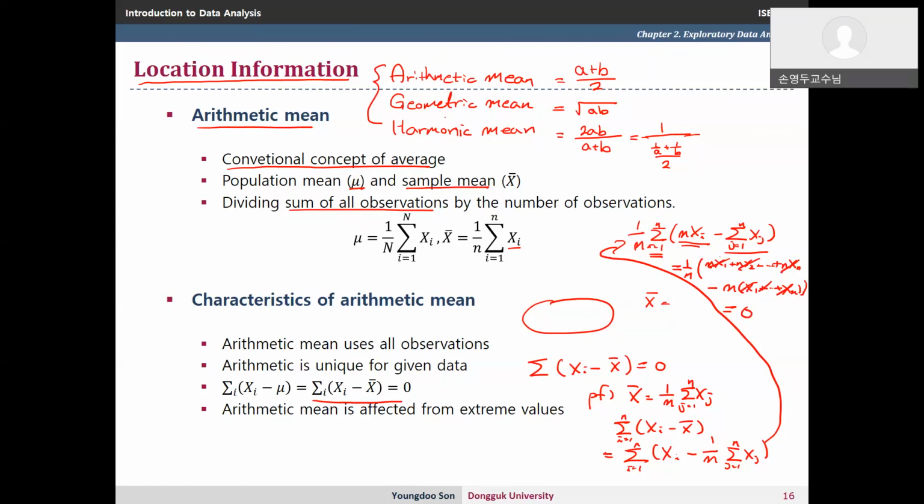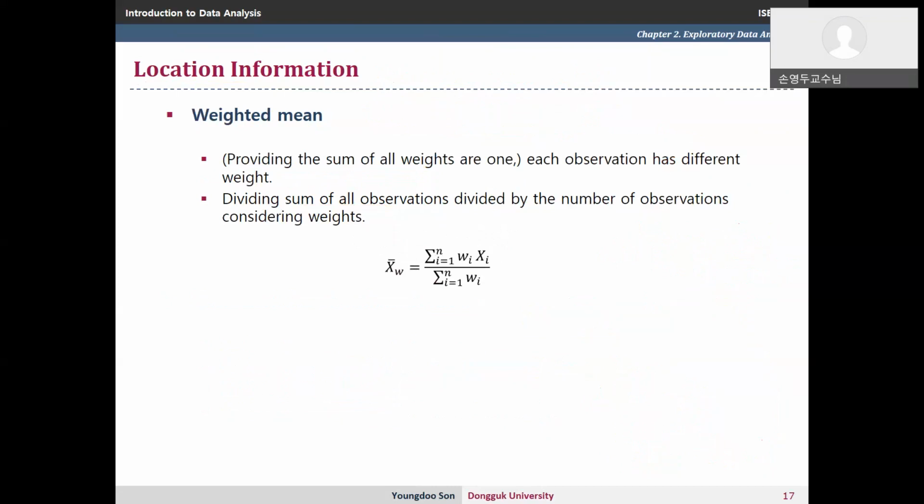So as I mentioned, the arithmetic mean uses all observations, so it is affected a lot by the extreme values. And we can also use the weighted mean.